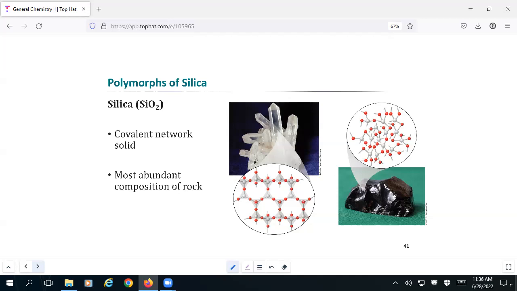So from silica, we can get some polymorphs. Polymorphs are just different crystalline structures of the same molecule. So one of the polymorphs of silica is SiO2. This is the kind of crystalline form of quartz.